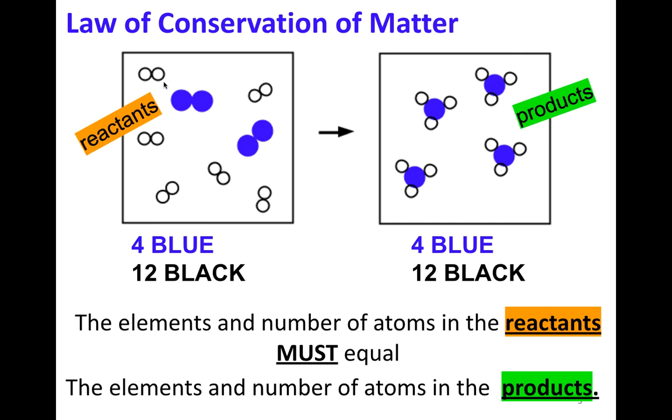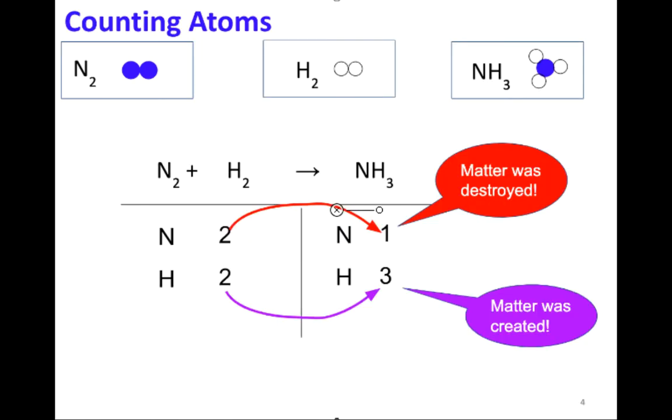And then when we get over here, we have 4 combinations of NH3. So now let's go back. They're not the same. So that's a problem. How do we fix it?